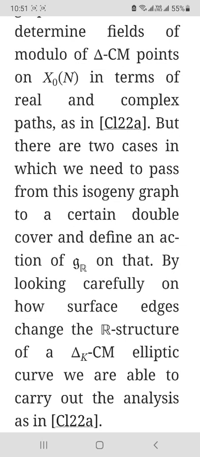But there are two cases in which we need to pass from this isogeny graph to a certain double cover and define an action of GR on that. By looking carefully at how surface edges change the R structure of a delta K CM curve, we are able to carry out the analysis as in the CL22A paper.